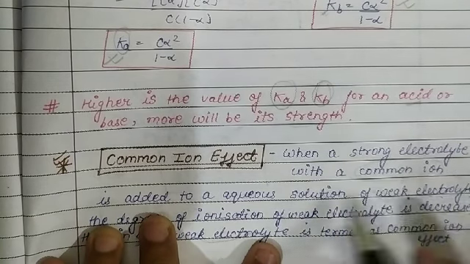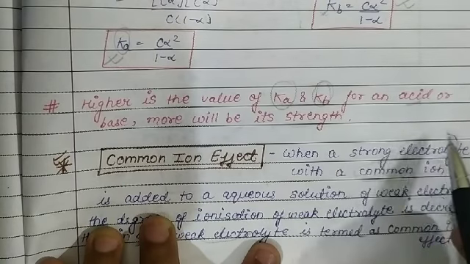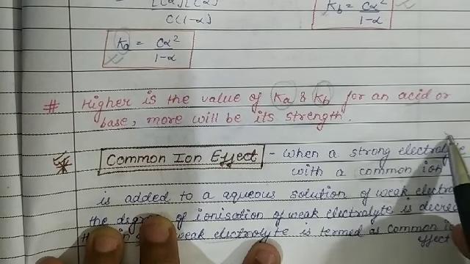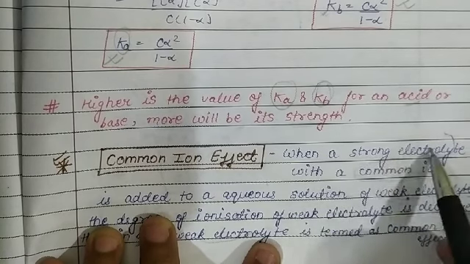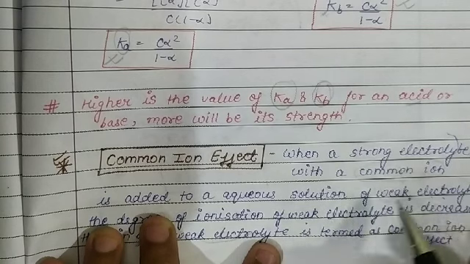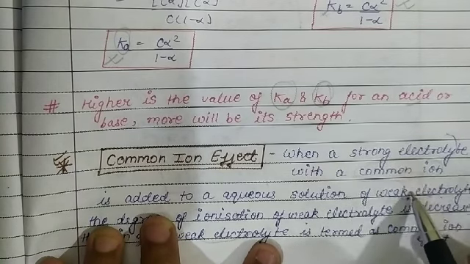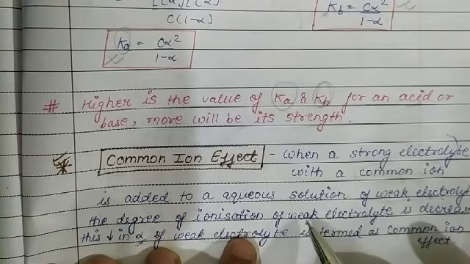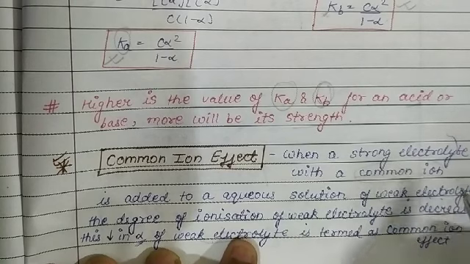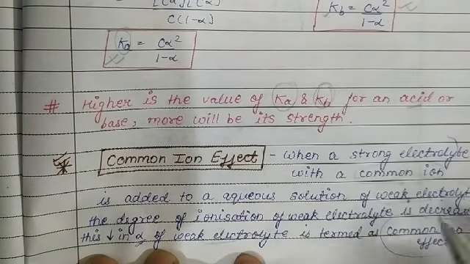Into that solution we have added a strong electrolyte containing a common ion. That common ion is present in both the strong electrolyte and the weak electrolyte. Therefore, due to presence of this common ion, the degree of ionization of weak electrolyte is decreased. It means decrease in the value of alpha. Therefore, the effect is called common ion effect.